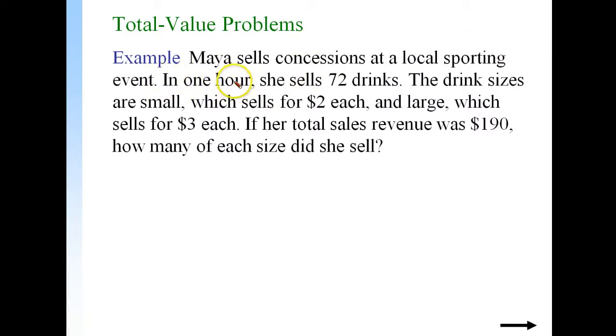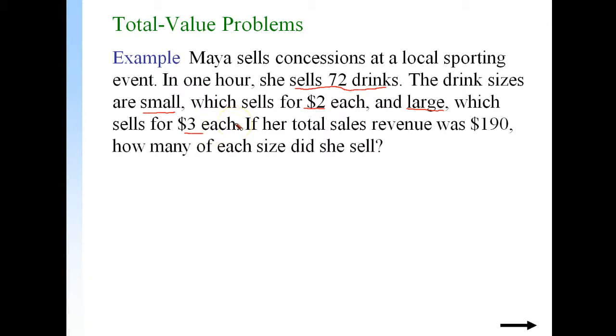In 1 hour, that may or may not be important. But here she sells 72 drinks. That's the total number of drinks she sells, okay? And there's a small size at this cost and a large size at this cost.